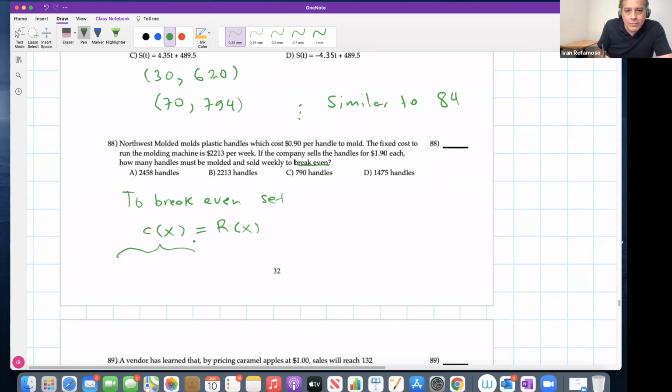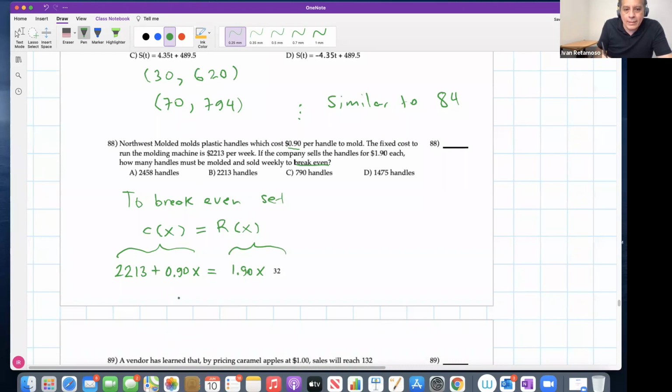But this cost function can be easily computed as the fixed cost, which is 2,213, right? Plus the variable cost. They say that the variable cost is determined by this number, $0.90 per handle, right? So this times X, the number of handles we're going to produce. The revenue is determined by how much you're going to sell each item for. They say you're selling each handle for $1.90, right? So 1.90 times X is the revenue.